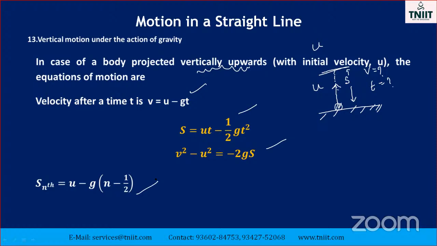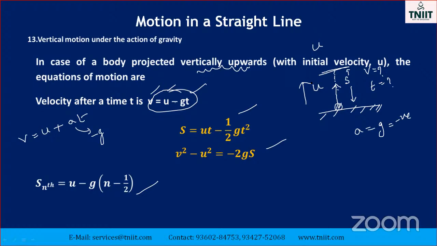Same equations, students. Just you have to write a, which is g, with a negative sign. So look at the first equation. Instead of writing v is equal to u plus at, here a is replaced by minus g. Sir, what will happen to v and u? Both v and u will be positive because the particle is moving vertically upward, right?